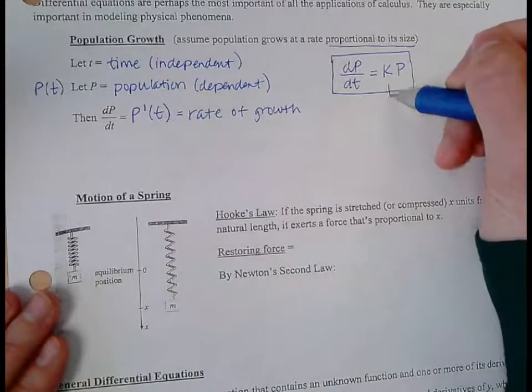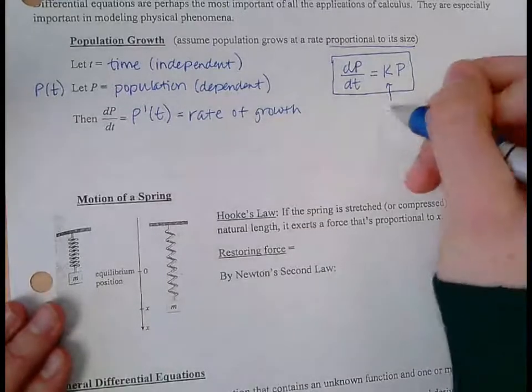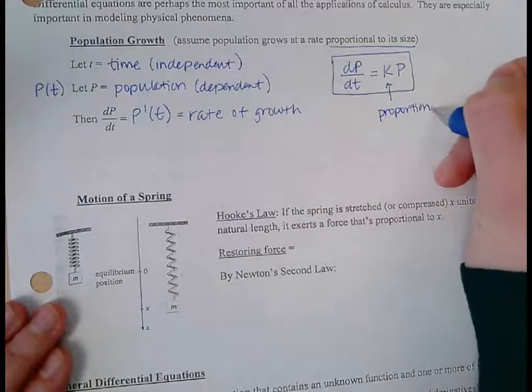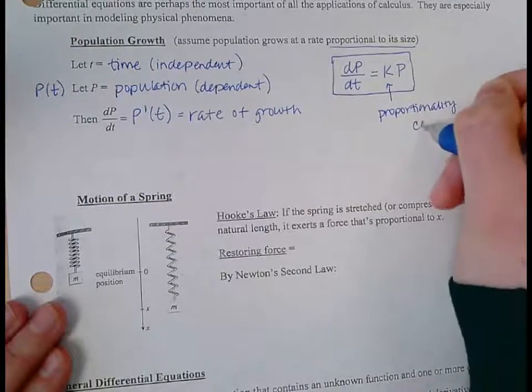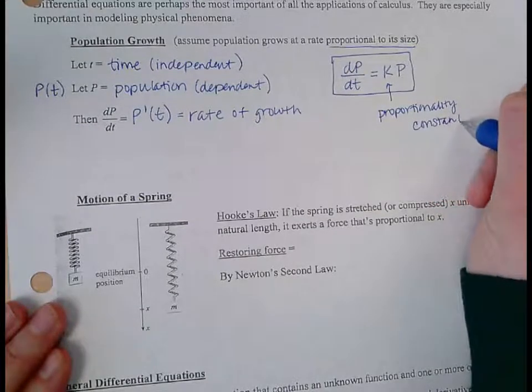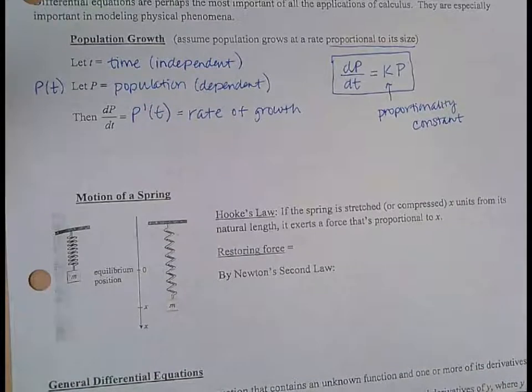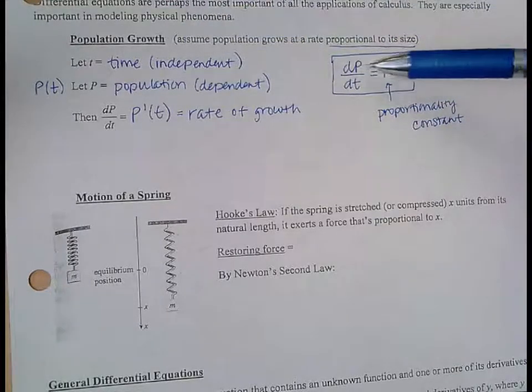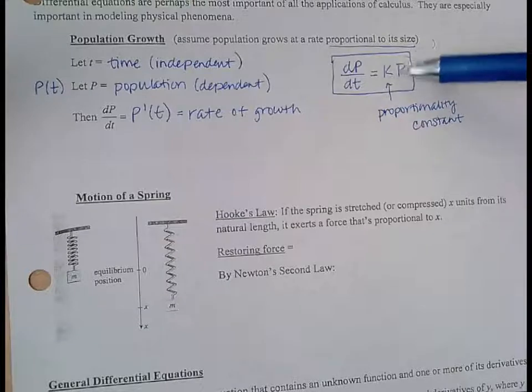But as we come back to it, I just want to say here, k is called the proportionality constant. And because we're talking again about population growth, we're assuming the rate, the population, k, everything's positive as well.